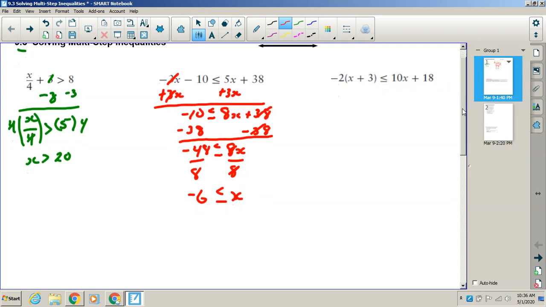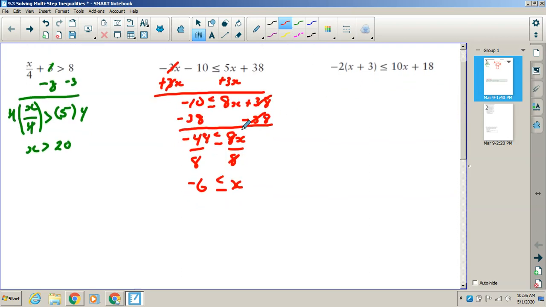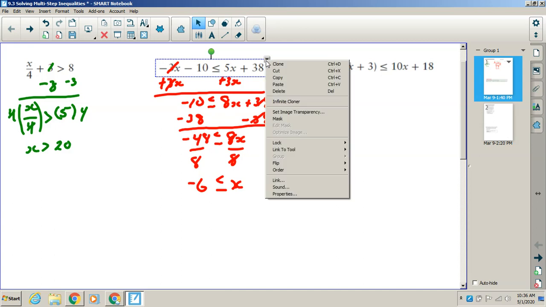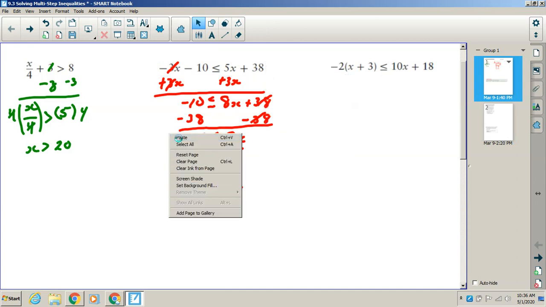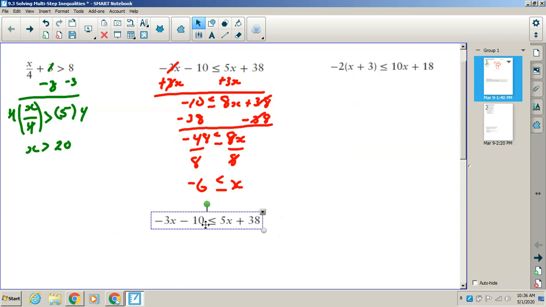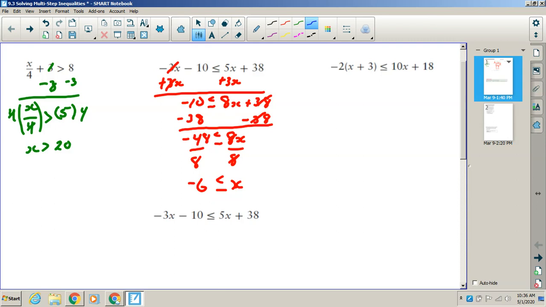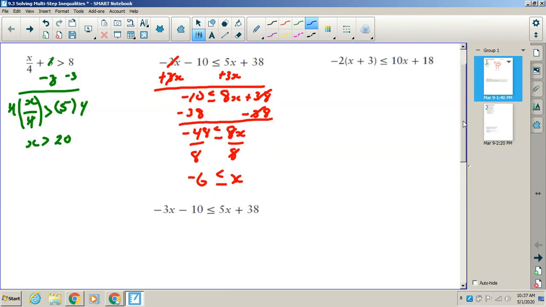Now, if I look at the exact same question, let's do it a little bit differently. Let me copy this inequality and put it here. So I'm going to take the exact same inequality and solve it a little bit differently.